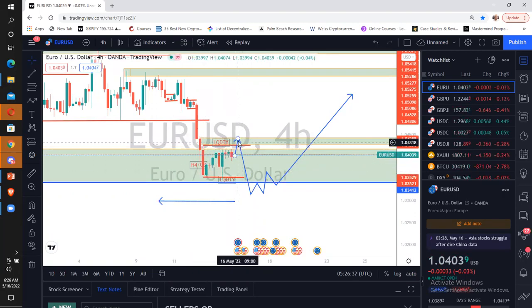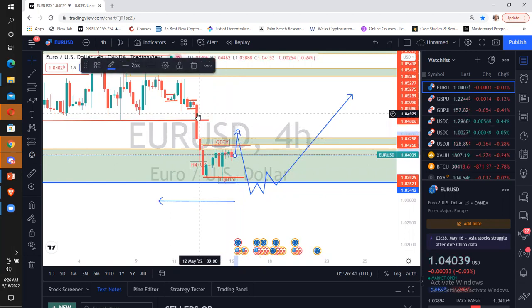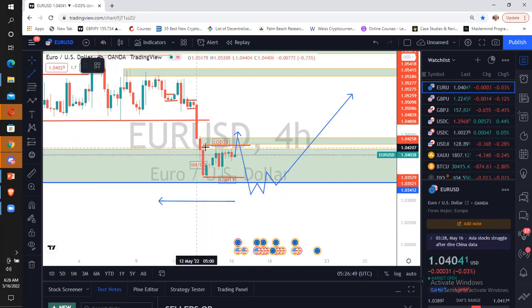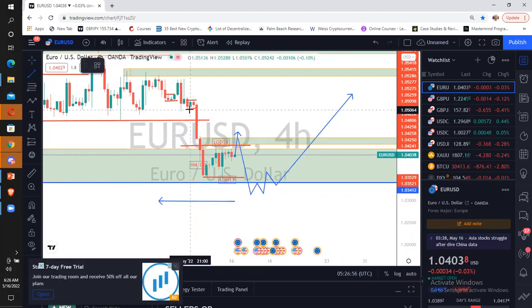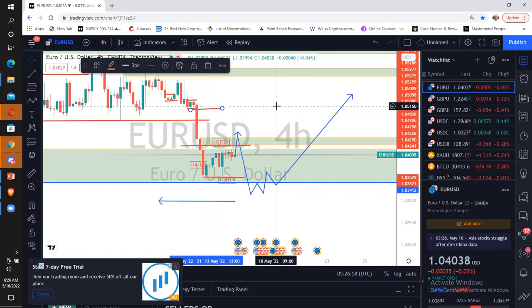Expect this to trade into this particular FVG. Between this last point here and this particular point here is the FVG. I hope you understand it.